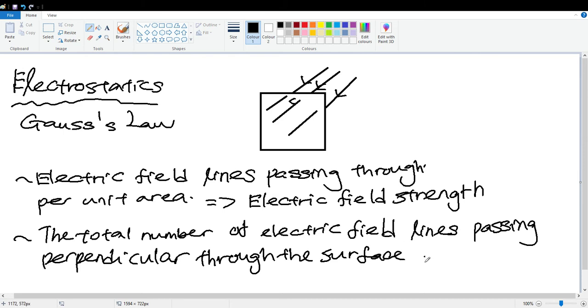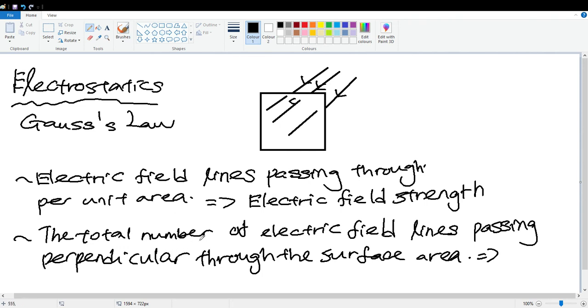Surface area. So this is the electric field lines passing through the metal plates per unit area, or 1 meter square of the area of the metal plates.